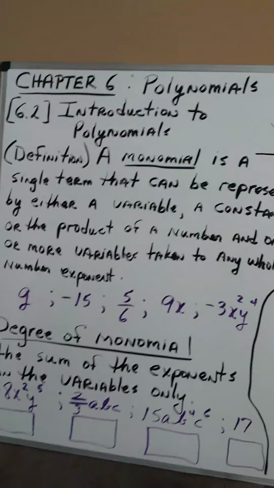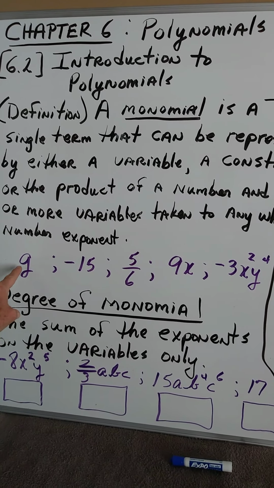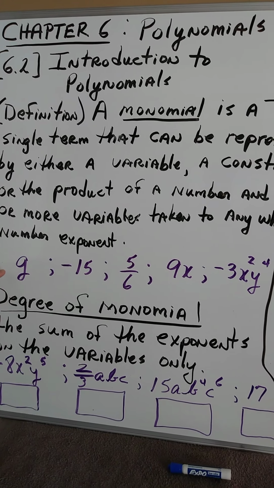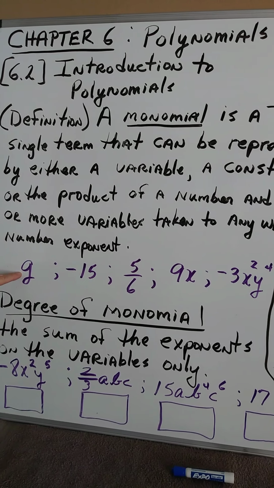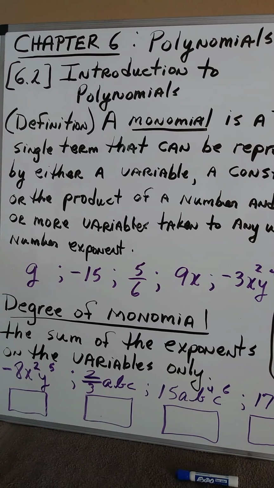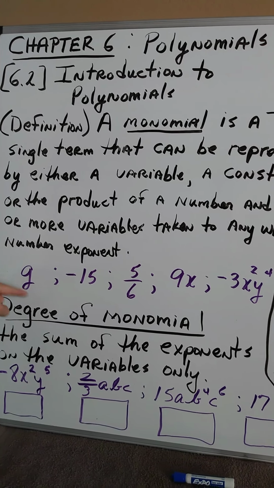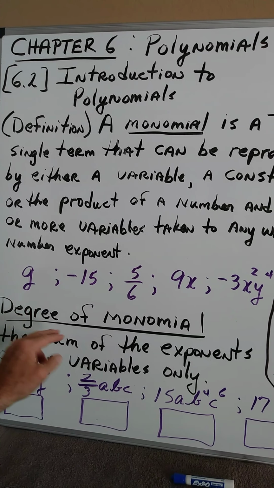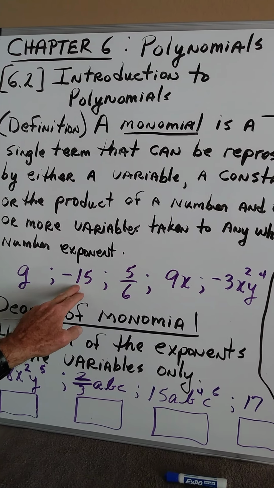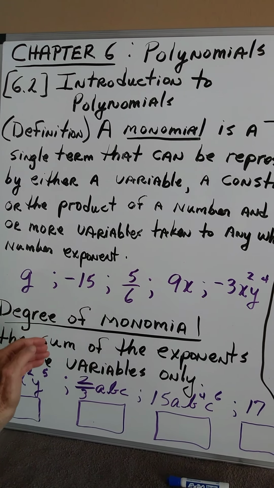We said that a monomial could be represented by a plain ordinary variable. So the variable g, or any other letter of the alphabet, would be classified as a monomial. So g, x, y, c, t, they're all examples of monomials. A monomial can also be represented by a constant term. -15 is a constant.